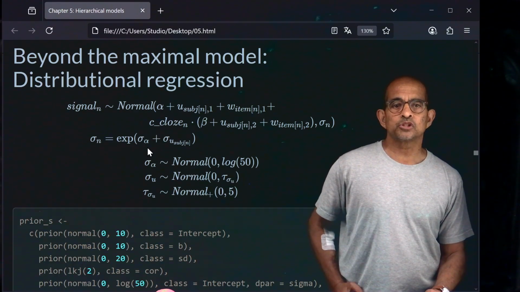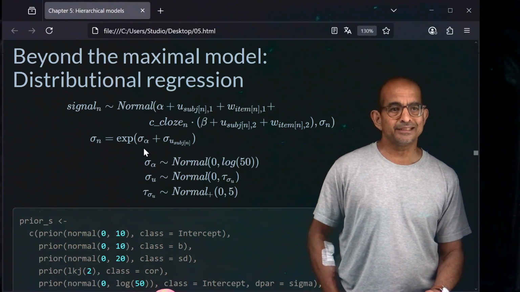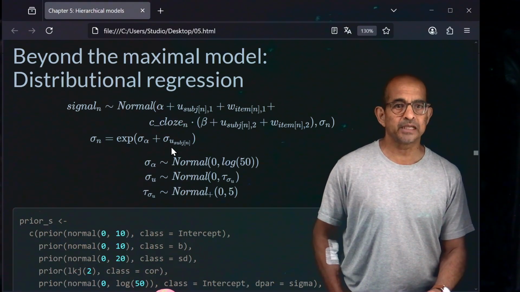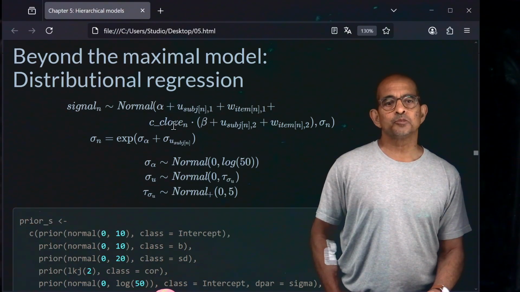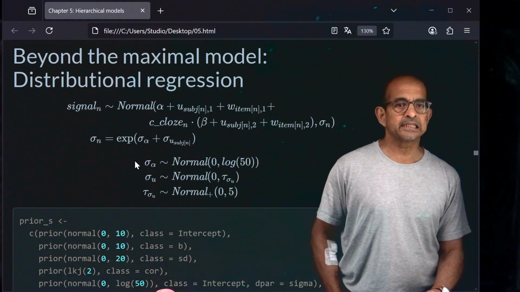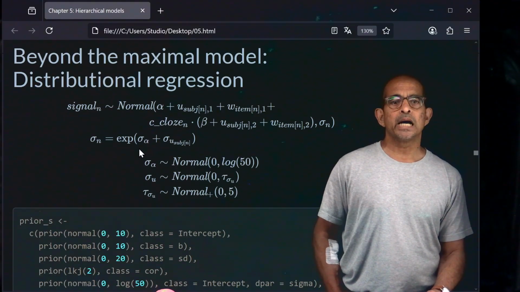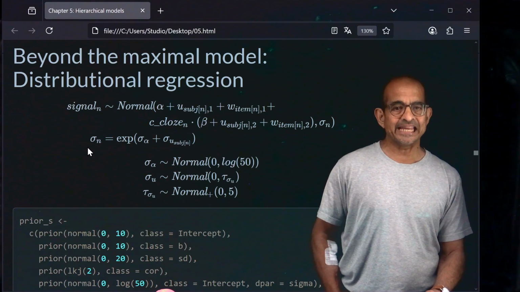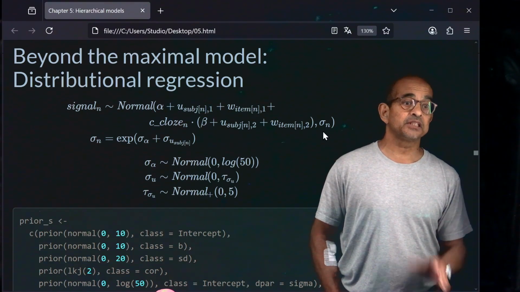Okay, and so what we end up with is that we've got a grand mean residual standard deviation, and then we have an adjustment to that grand mean by subject. Okay, and because these adjustments could be positive or negative, right? We can't have a residual standard deviation that's negative, right? You could have positive and negative adjustments here, but what we want in the end to go into this model here is a residual standard deviation that is positive.